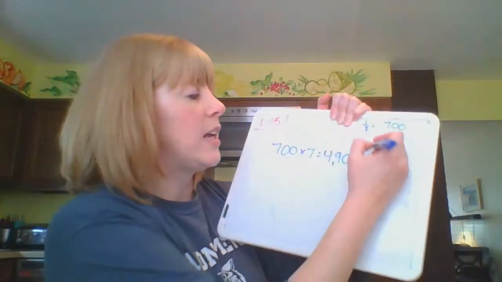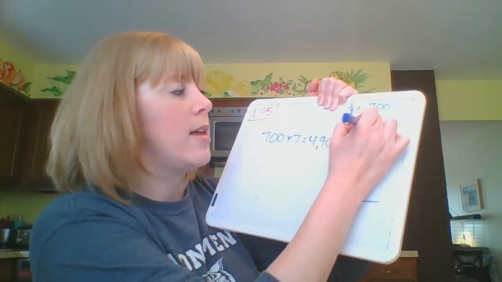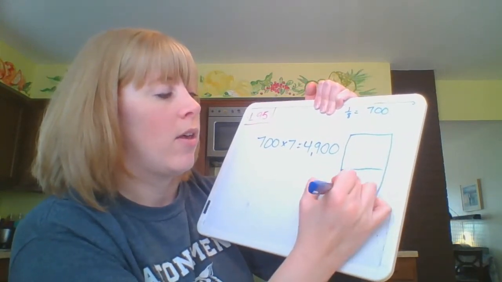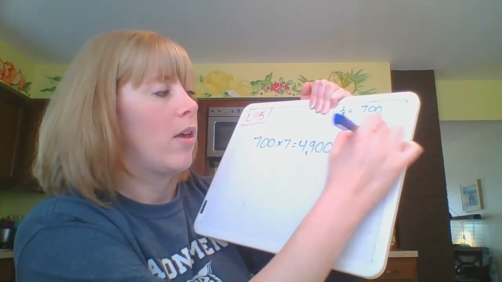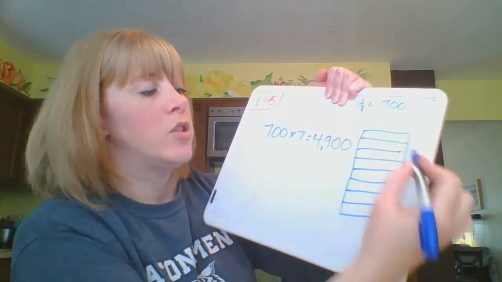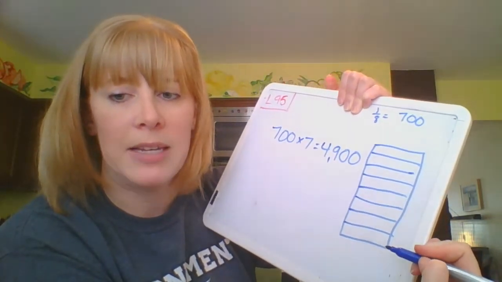Now, if you're a more visual person, I can draw this out too. What I could do is I could say, okay, I'm thinking about 8. So I'm going to draw out 8. So I've got this divided into 8. I've got my diagram divided into 8 pieces.